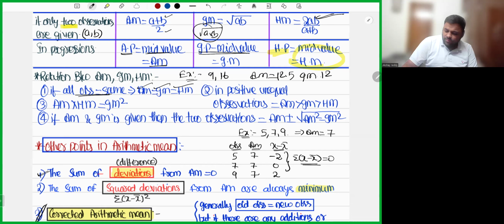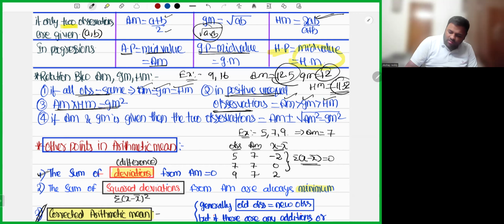It's 12. What is the harmonic mean? 2AB, 2 into 9 into 16 divided by 25. 11.52. So can you see which is greater? 12.5, 12 and 11.52. So in case of positive unequal observations, AM is greater than GM, and GM is greater than HM.